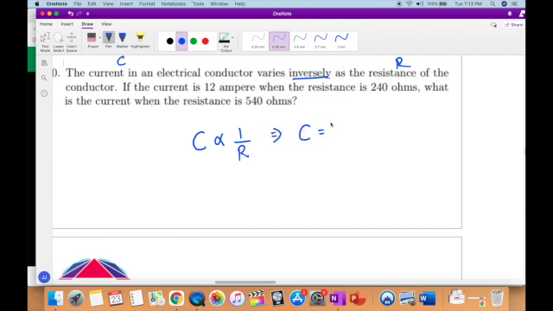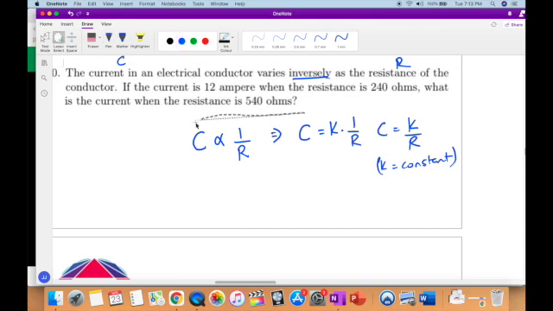C will be equal to K multiplied by 1 over R. So C is equal to K over R, where K is a constant of proportionality. K doesn't change. K just works out to be some constant number. Everybody okay with this so far?